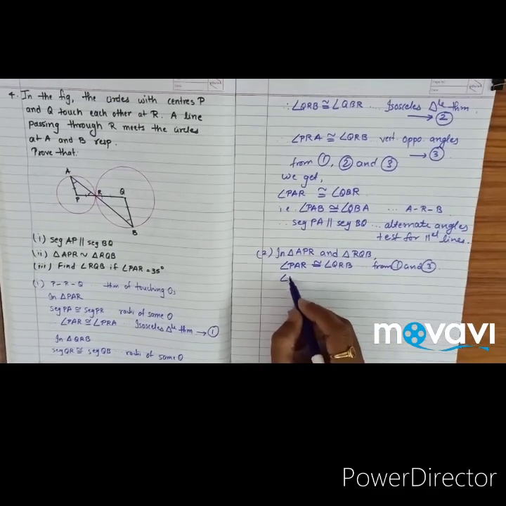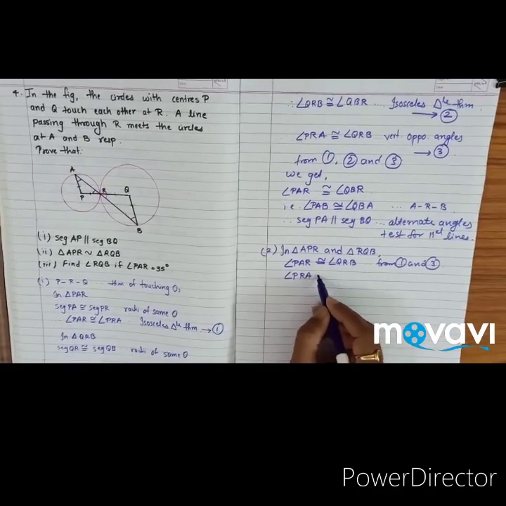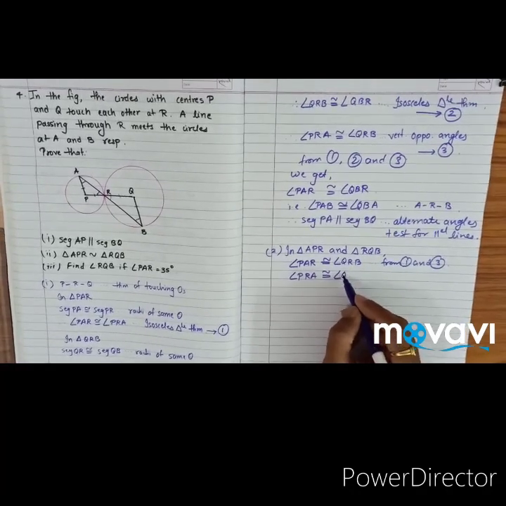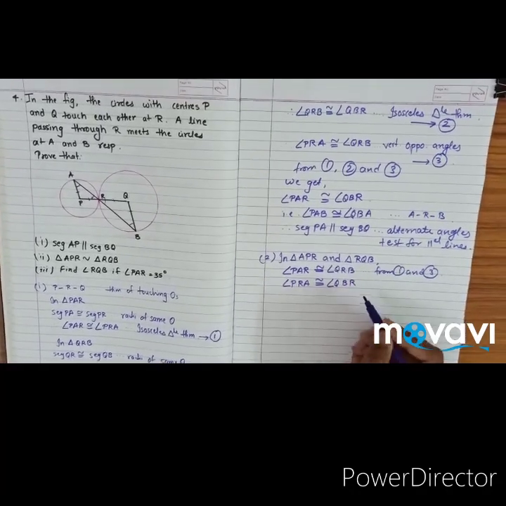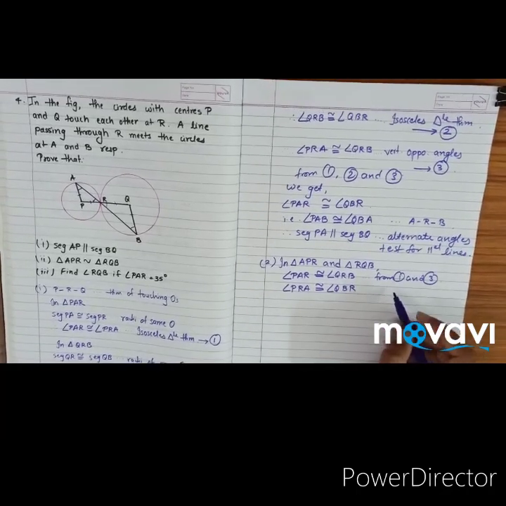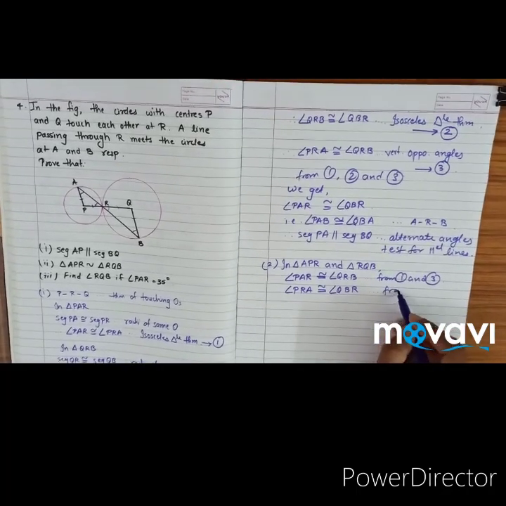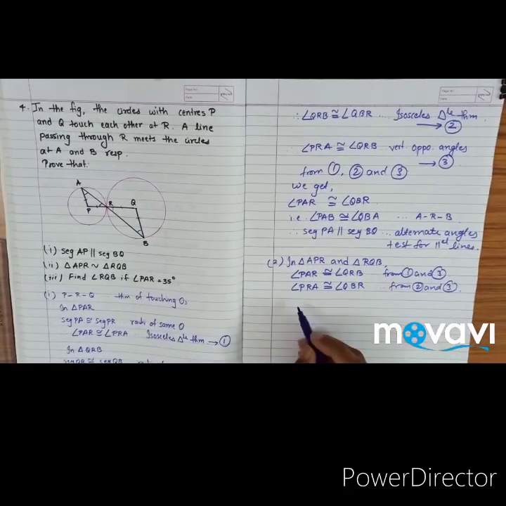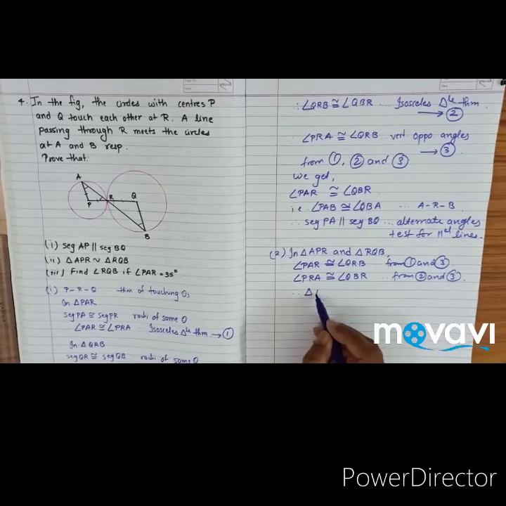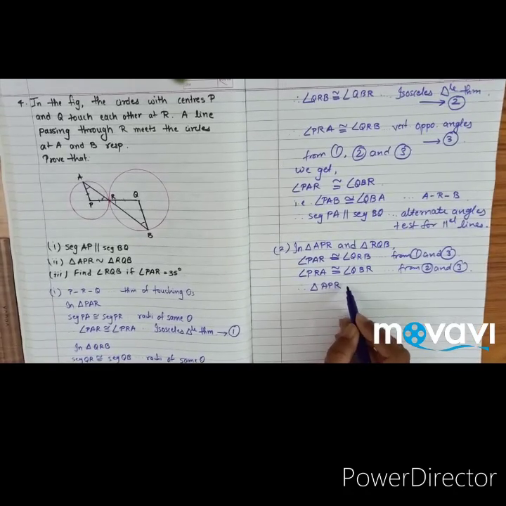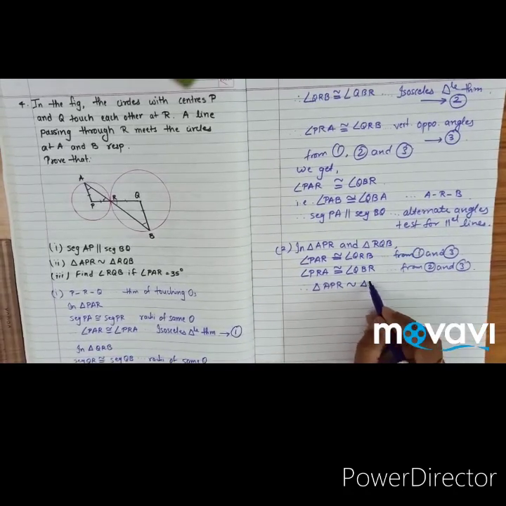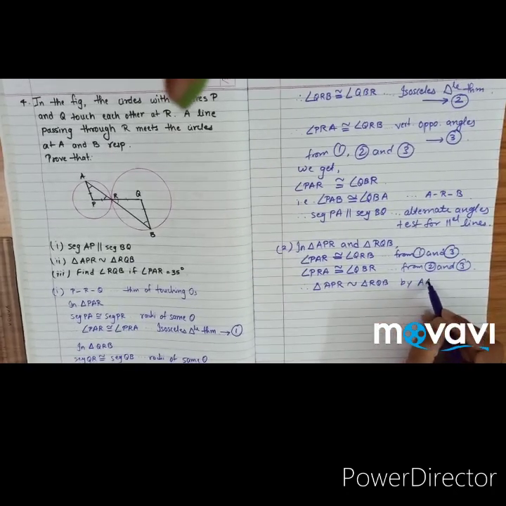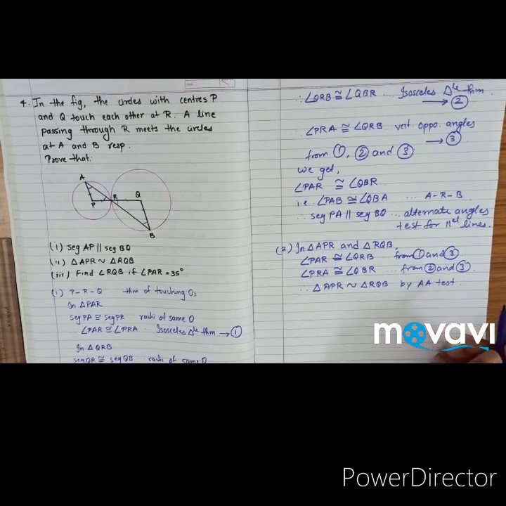Also, angle PRA is congruent to angle QBR. This also we have shown from 2 and 3. Therefore, triangle APR is similar to triangle RQB by AA test of similarity.